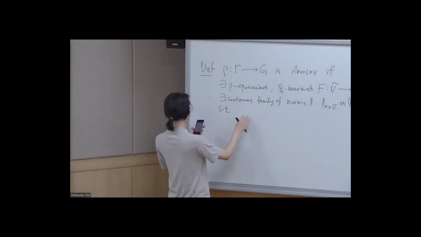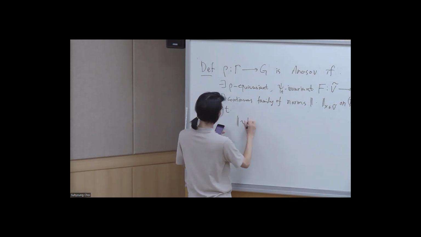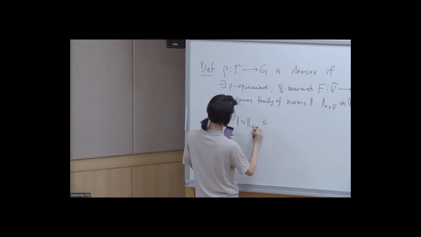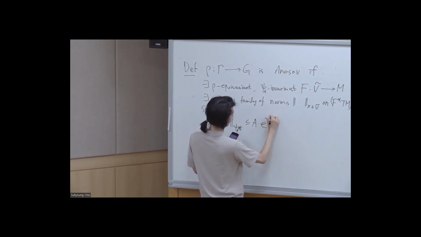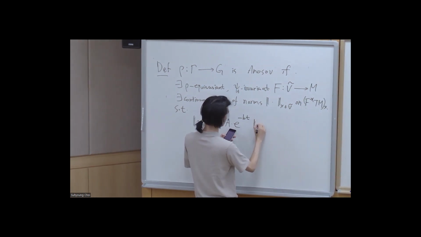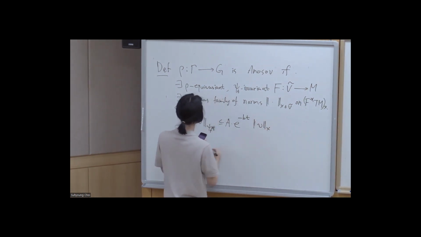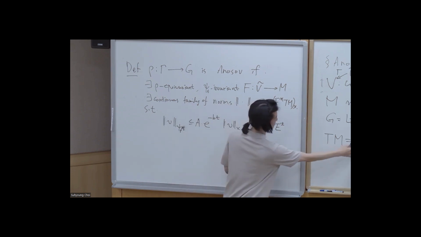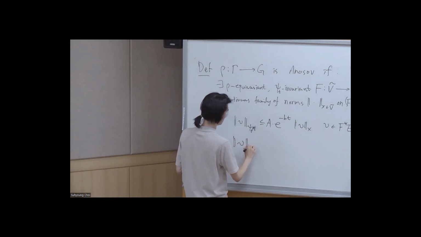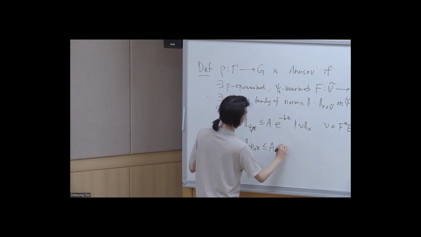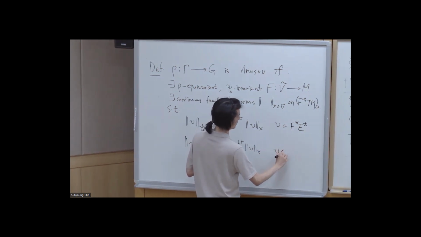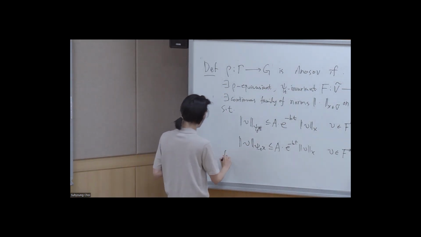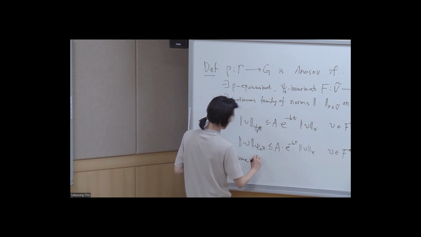So that's what I'm going to write here: such that if you measure the norm at this point, a vector from the pullback of E plus is supposed to contract as we flow forward, or a vector from the pullback of E minus has a dilating property, for some positive constants.